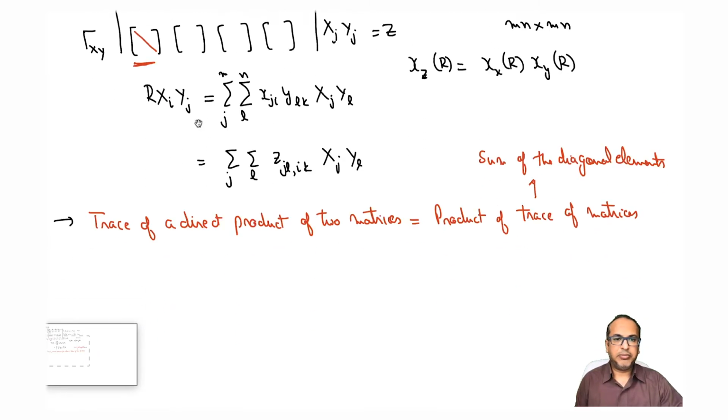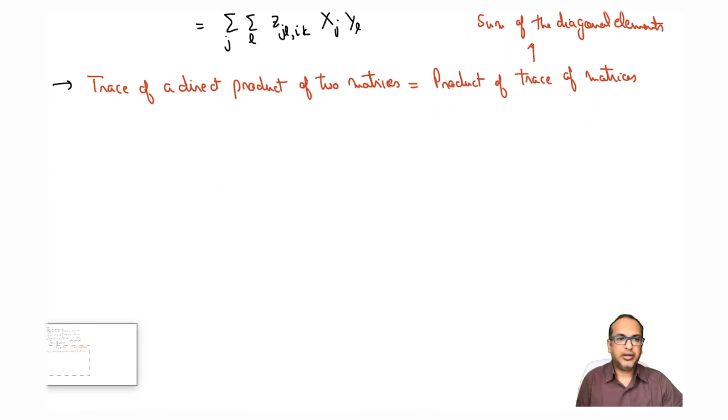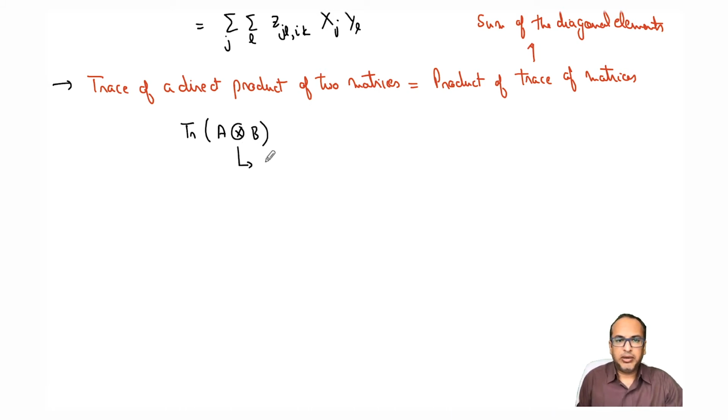Let's see mathematically what we can write. We can write this statement as trace of A cross B. Now the direct product is denoted by this symbol. So this means direct product.